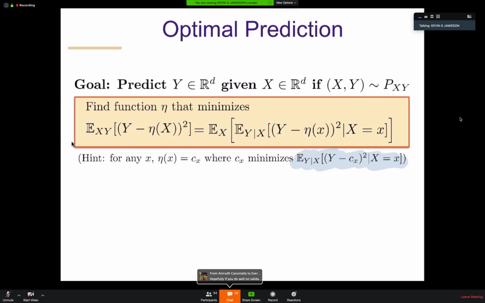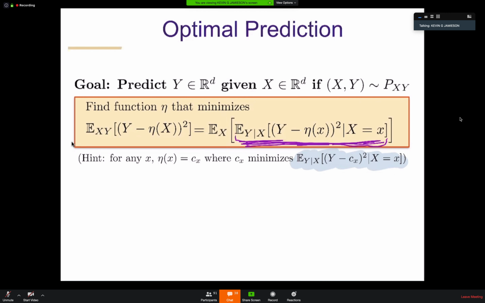Now, if you fix a particular x, you can ask the question, what is the value of eta of x that minimizes this expression in purple? I'm going to take some random draw of y at a particular value of little x. And the question is, what is the value of eta of x? You have complete freedom in choosing this, it's just a scalar. What value should I choose in order to minimize the expected error?